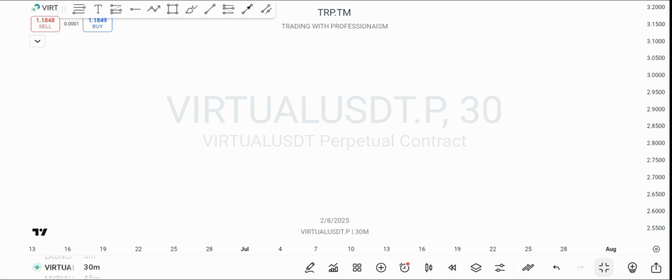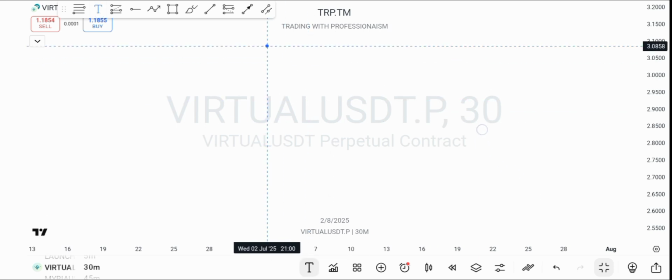Now, to analyze this A plus setup, you need what are called time frames. You need to utilize time frames.